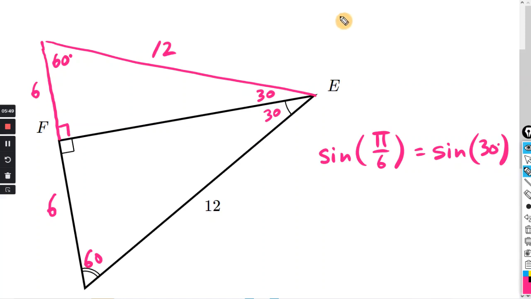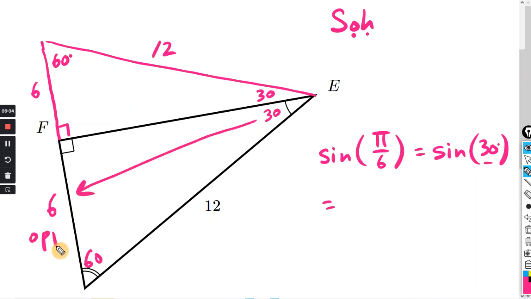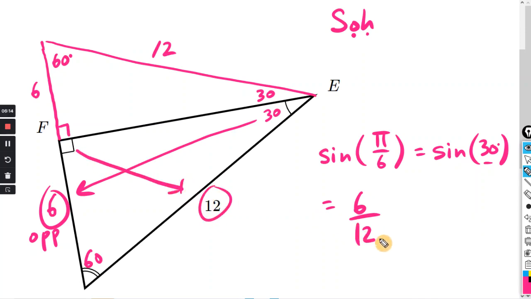Remember SOHCAHTOA: for the sine function, it's opposite over hypotenuse. So we look at the 30 degrees, go to your opposite side, that's 6, and then go to your hypotenuse, across from the right angle, that's 12. So 6 over 12 is just 1/2.